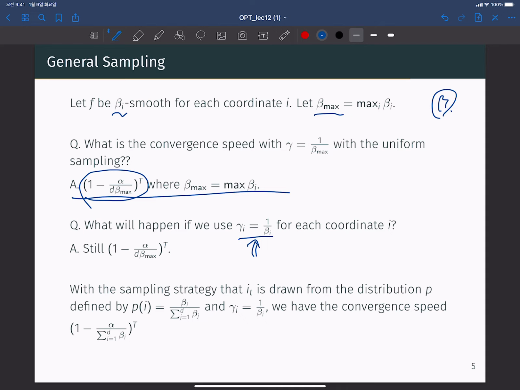Then what is the result for the convergence guarantee for this? Still, we have 1 minus alpha over d times beta max, to the power of T. Why?